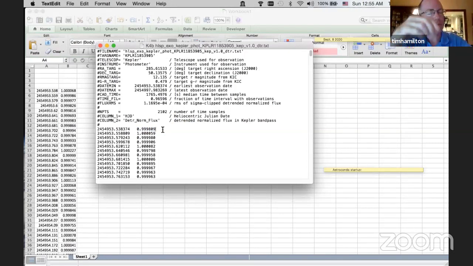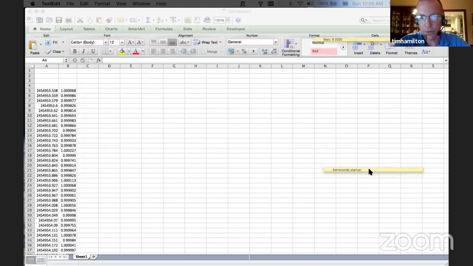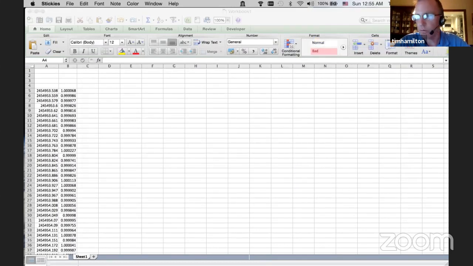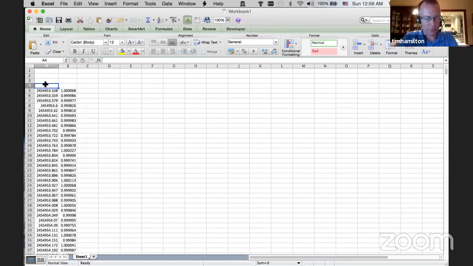Oh, sorry, they take the flux and they divide it by the average for a day before and a day after, or 1 day wide window there. Okay, so we get rid of those, and I'm going to get rid of my reminders here. All right, so I'm going to abbreviate this first column as JD for Julian date, and the next one I'll label as flux.